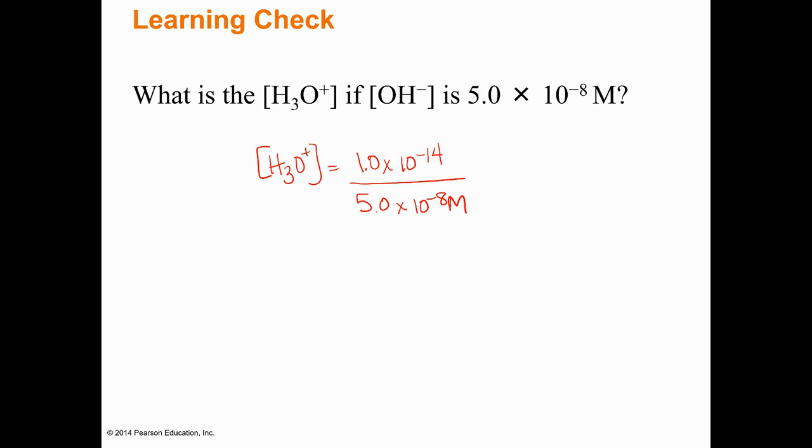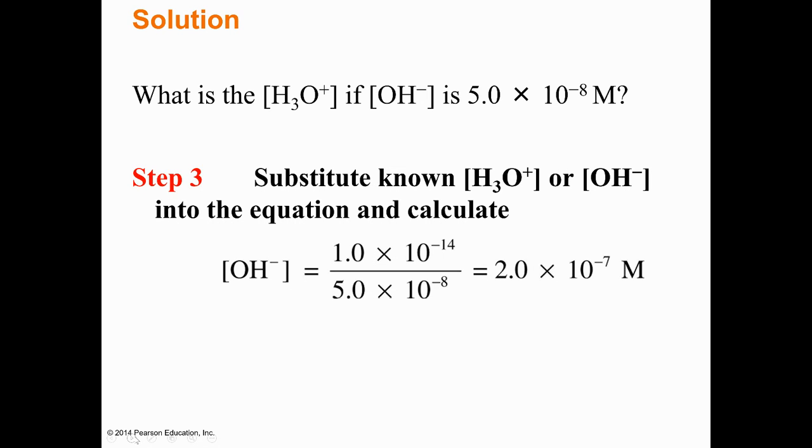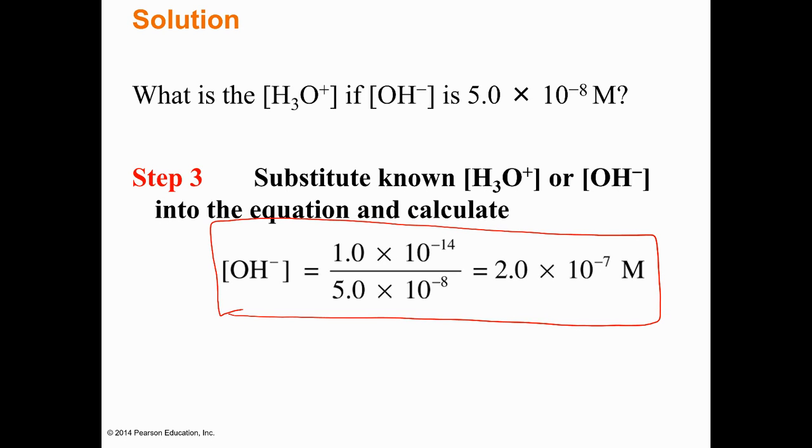So take a moment to calculate that number in your calculator. Pause me. And here's the same setup. You should have gotten 2.0 times 10 to the negative 7 molar.